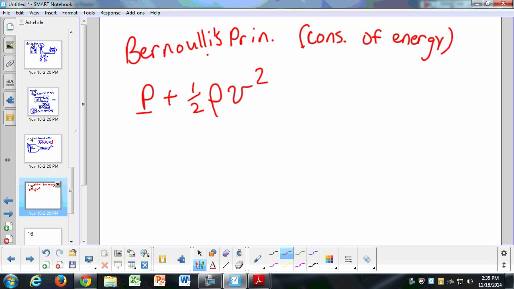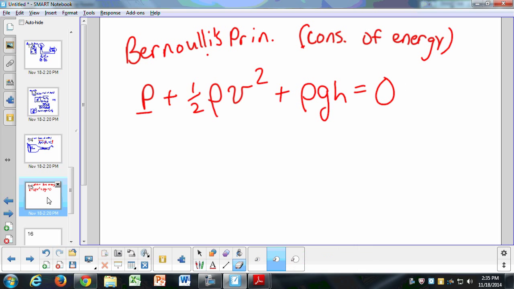It's actually kinetic energy per volume, plus rho g h. That looks like gravitational potential energy. This is equal to a constant. This is always constant, which is what we said with conservation of energy back in chapter 5, 6, that energy is constant when there are no outside sources of energy.